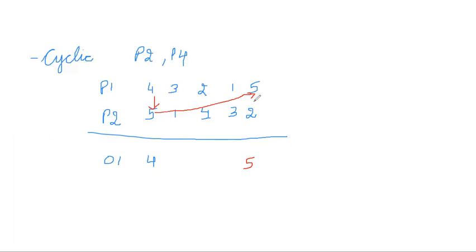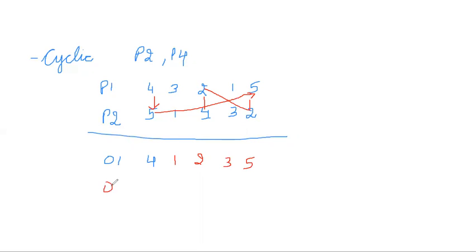5 corresponds to 2. So I'll fix the position of 2. 2 corresponds to 4. 4 has already been fixed, so the cycle is complete. So the rest I can exchange. This will be 1 and this will be 3.